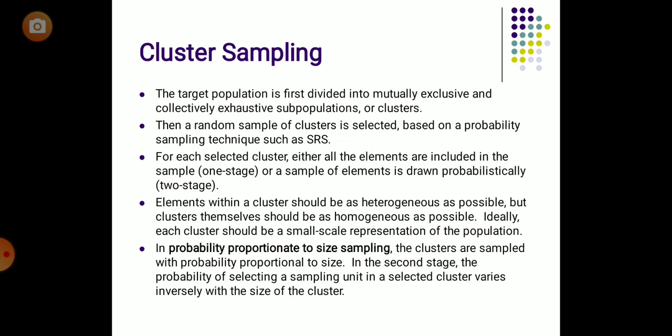So the property of cluster sampling is that within a group people should be heterogeneous, and between groups it should be homogeneous. Here society A and society B are more or less homogeneous, more or less similar.